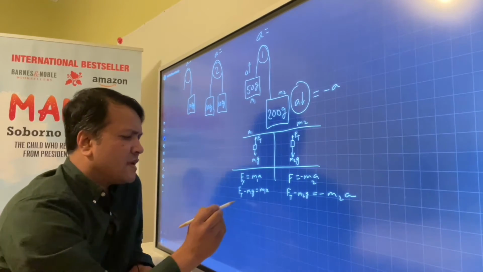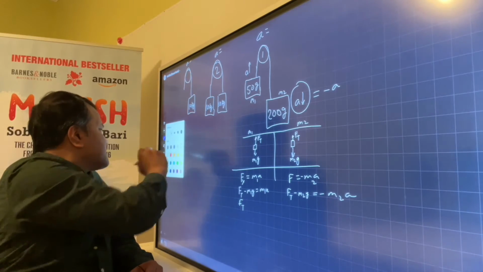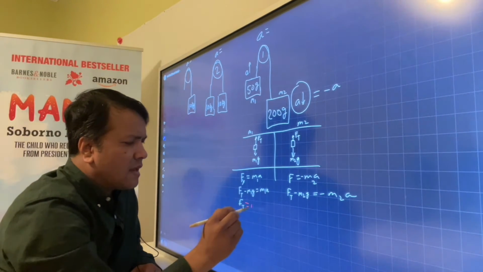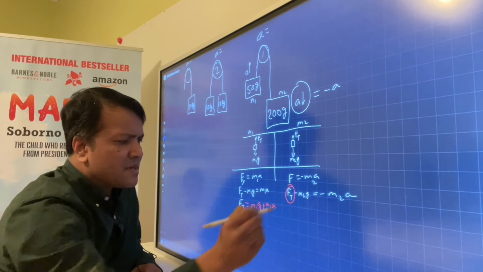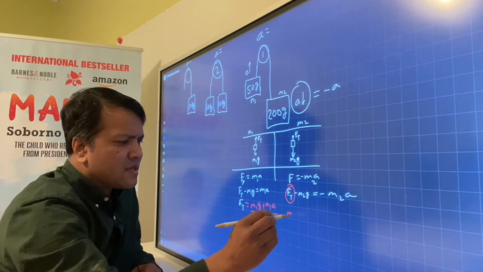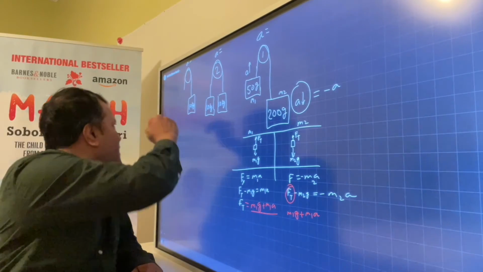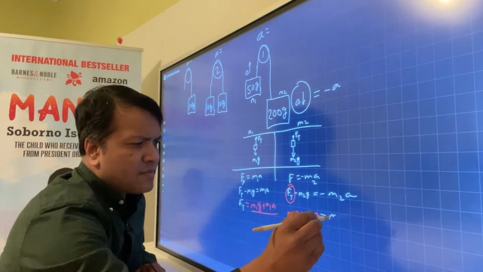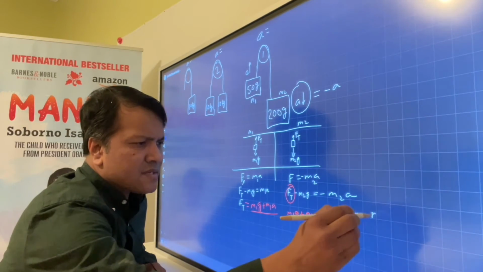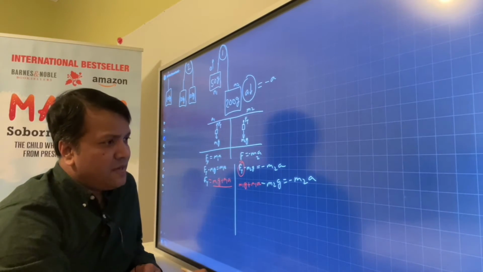m2a. Ft is, let's make it red, m1g plus m1a. Replace this by this, m1g plus m1a minus m2g is equal to minus m2a. We're almost there.